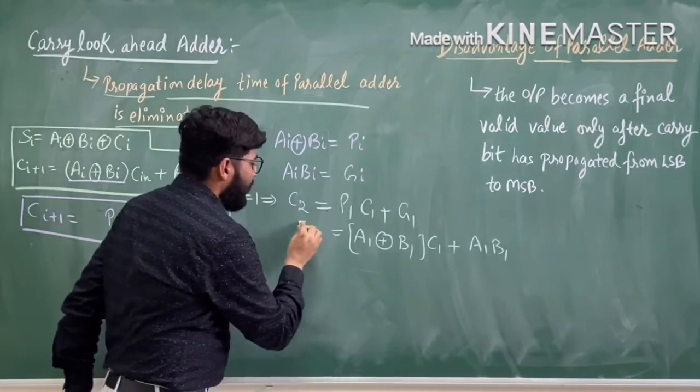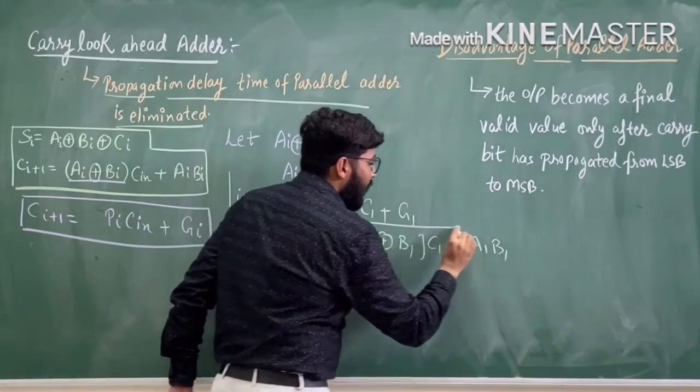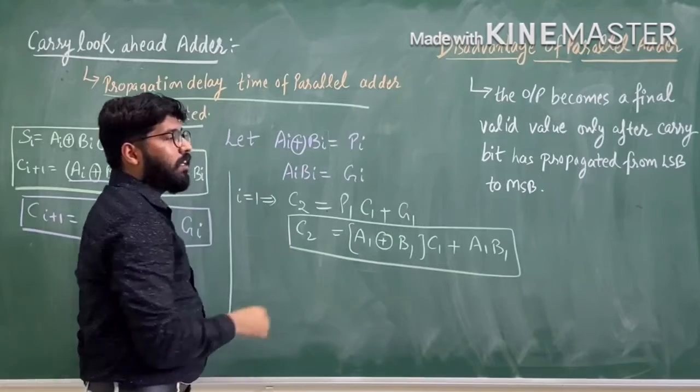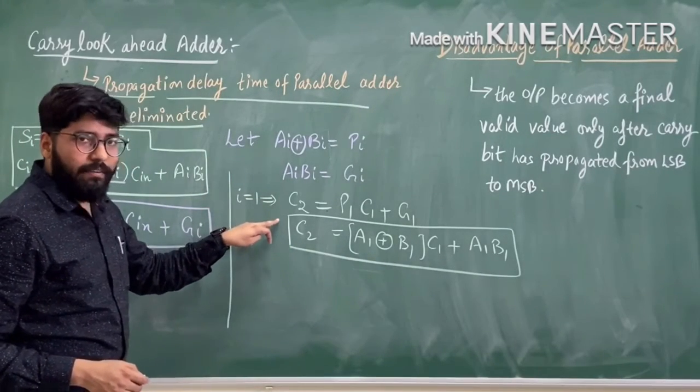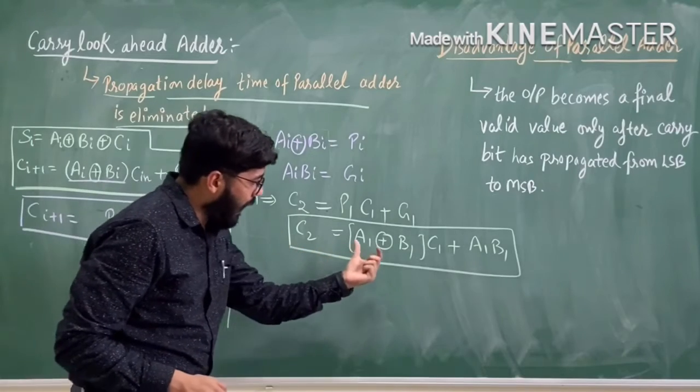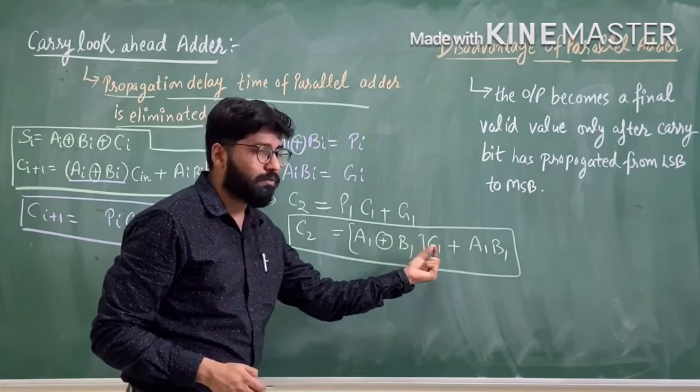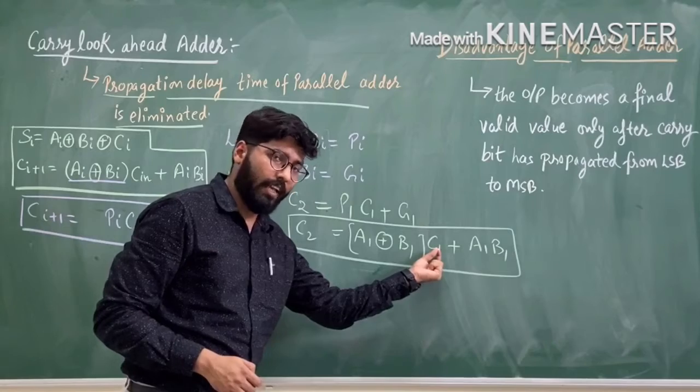This is C2. Now you can see that if we apply the input to full adder 0 and full adder 1, we get the expression of the carry in terms of C1, that is the initial carry.